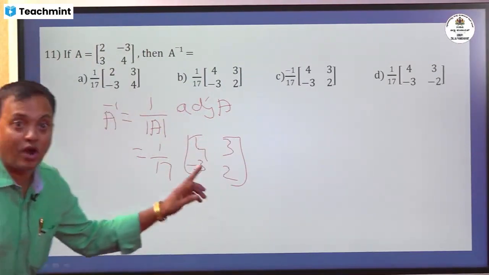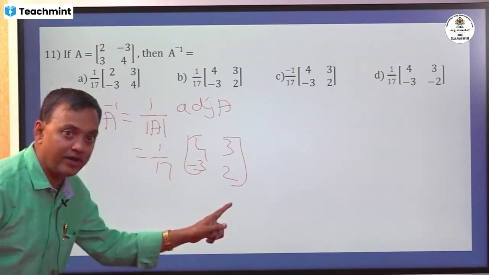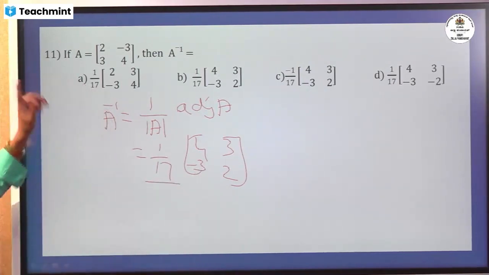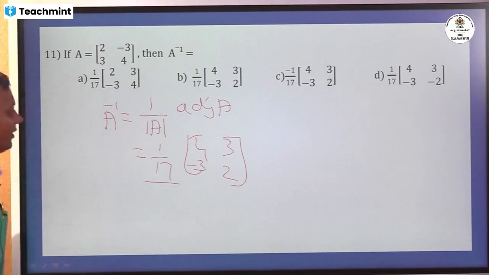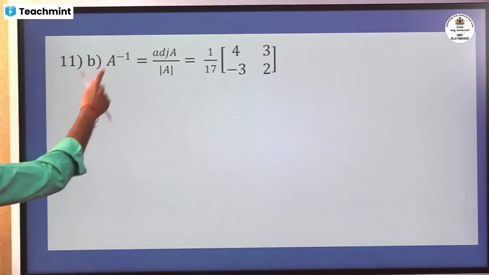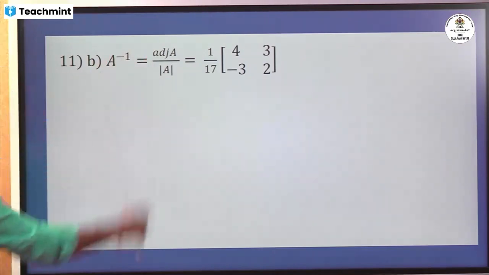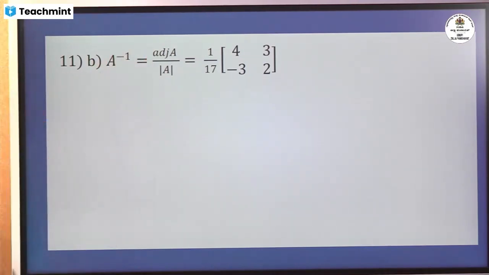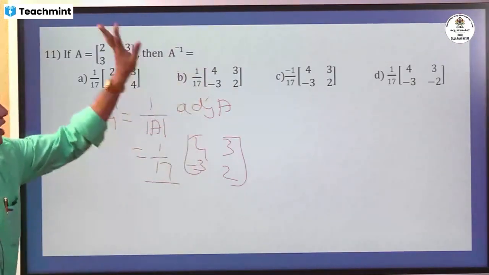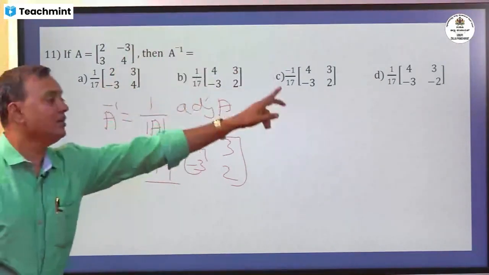So this is not the inverse, this is the adjoint. Divide this adjoint by the determinant, that is the answer. So A inverse is adjoint A divided by the determinant. So the answer is B, correct. Next, 4 3 minus 3 2, answer is B, not C.